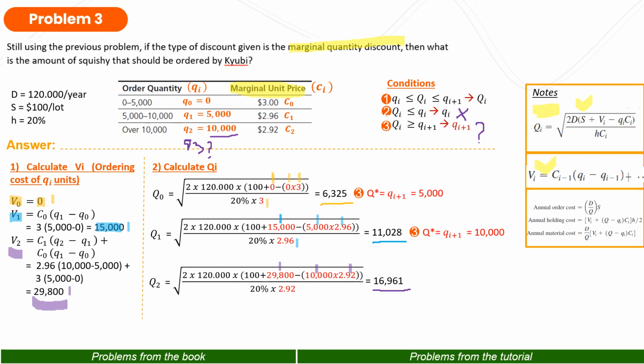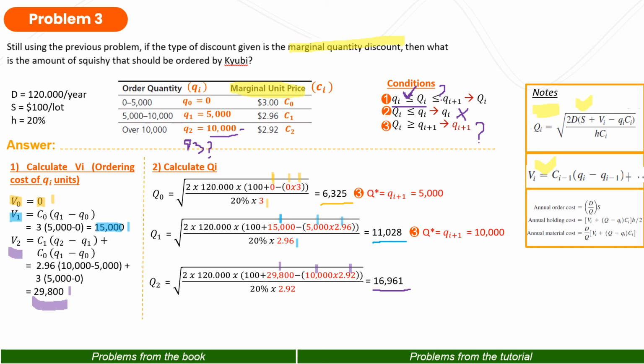And then for the first condition, actually also we are not quite sure about the little q3, but the second condition is wrong, and the third condition also we don't know, but the closest we can get is the first condition, because for sure the big q2 is bigger than the little q2.